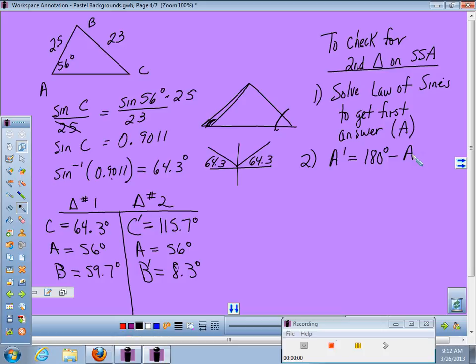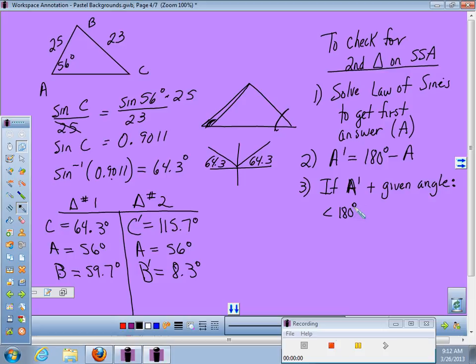And then, how did I know whether this was going to work or not? If the new angle you just calculated plus the given angle you started the problem with comes out to be less than 180, what do you know?